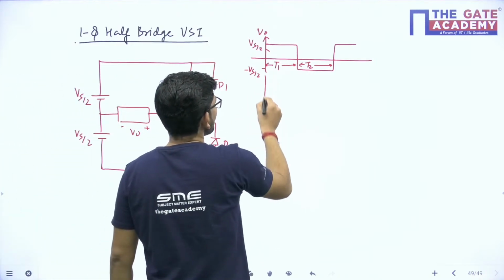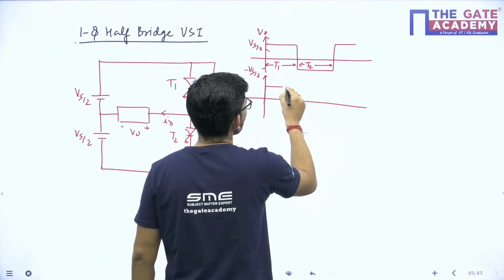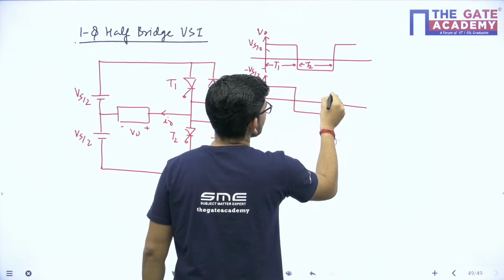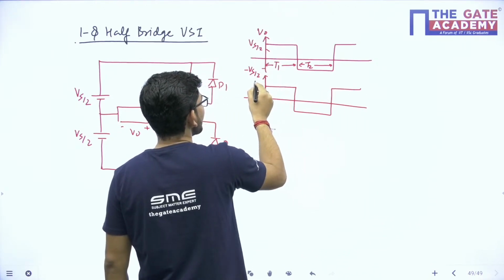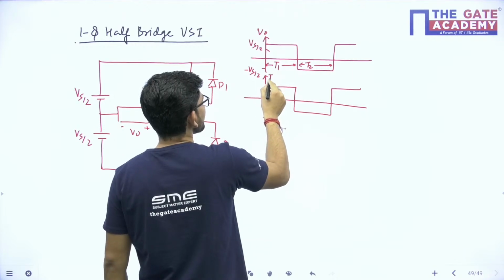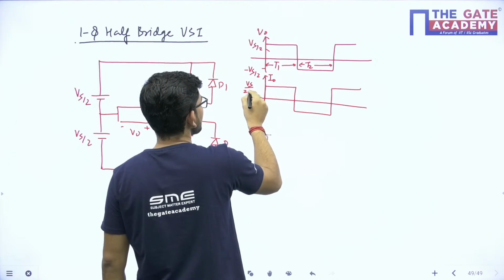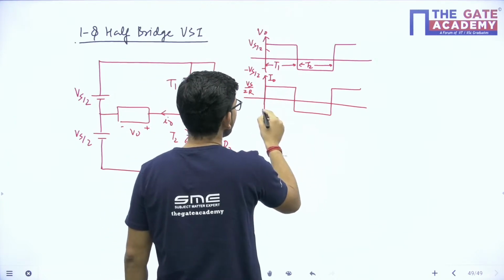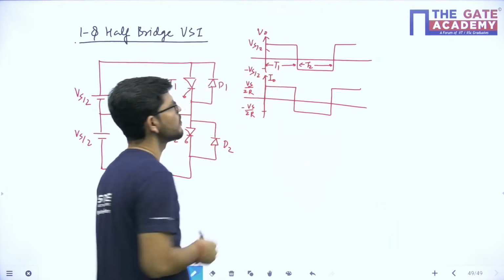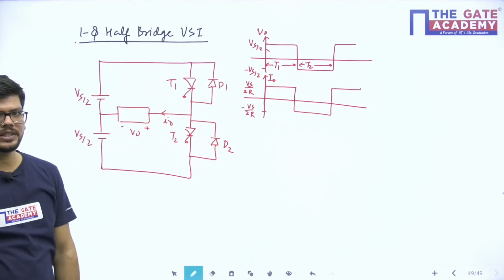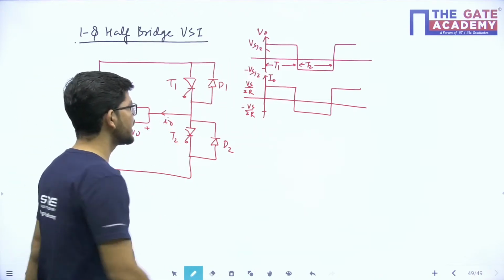Now if I talk about the current, for a resistive load the shape will be quite similar to that of the voltage. So in case of resistance, the output current has the same shape as that of voltage.